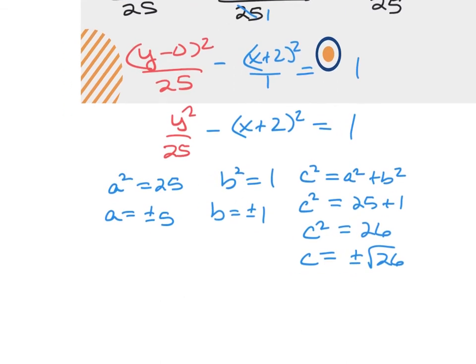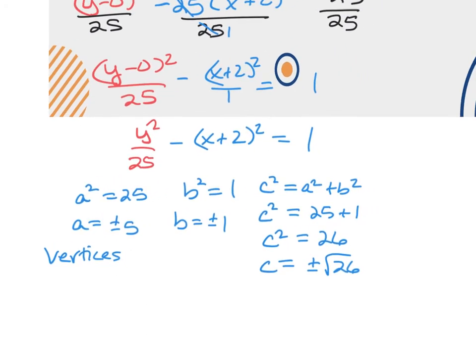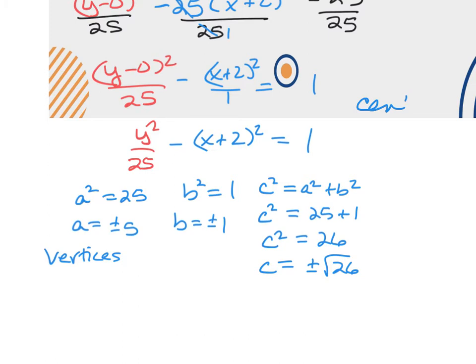I need to find the vertices. It uses the a, and you're going to add the a to the first letter you see, which was y. So for my vertices, I'm going to take my center, which I did not write down. So my center point is located at -2, 0.